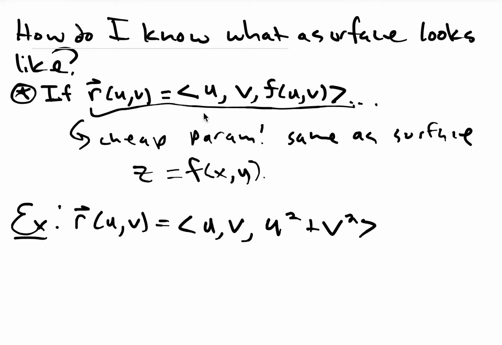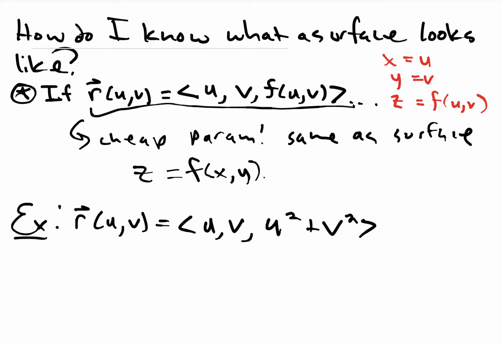So kind of what we're doing here is think about it this way. If you want to deconstruct this, I have an x component. X looks like u, right? So I basically have x equaling u. I have a y component, y equals v. I have a z component, z equals f of u, v.